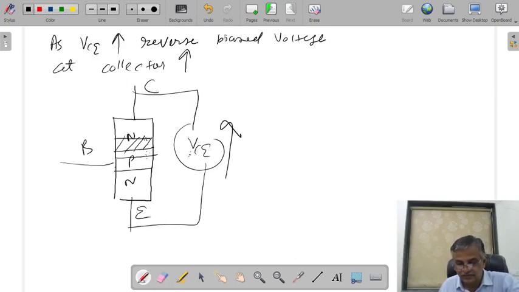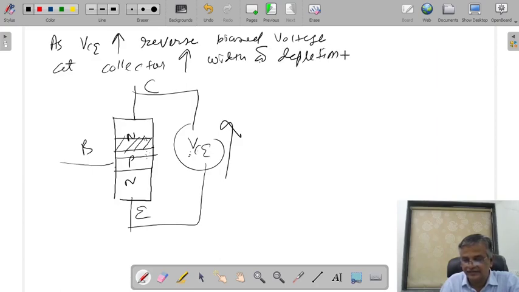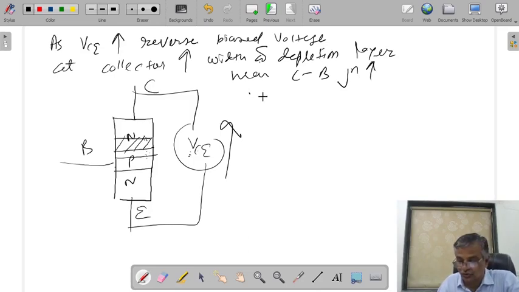As VC increases, reverse bias voltage increases, the width of depletion layer near collector base junction increases. So this base region will become small. This base region will be reduced.